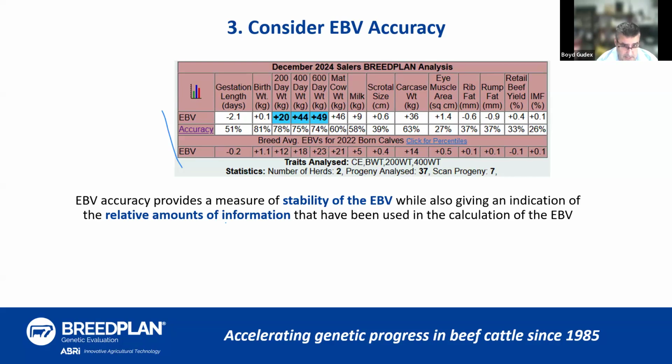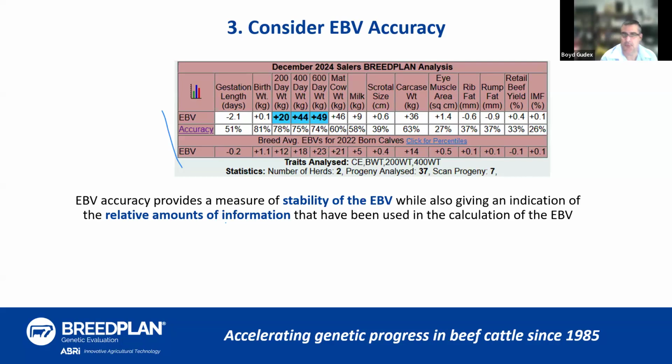I'd say it'd be in the 20s at most. So while 39% doesn't look good, or eye muscle area in this case being 27% doesn't look good, it is still better than just looking at the raw value itself. So yes, I would say it is still certainly worthwhile having there.